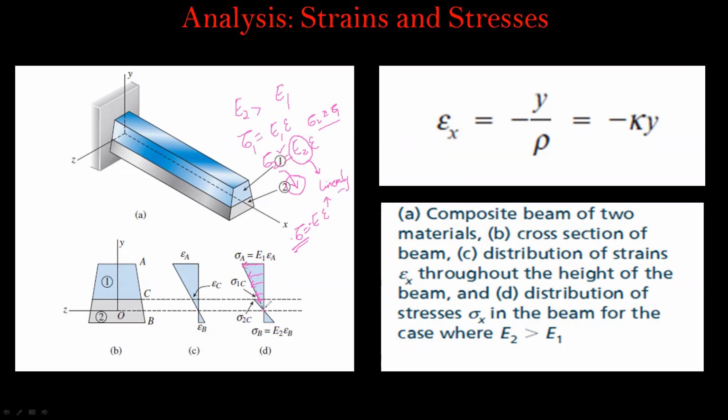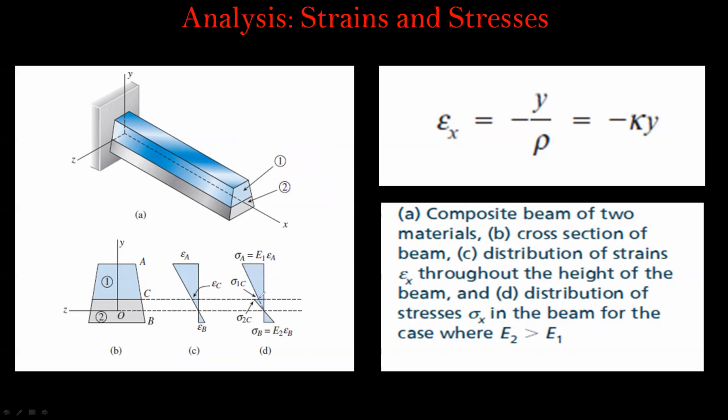In the same way, if you look at this contact surface, this is sigma 1 at C. Just have a look at this diagram. This is a very amazing diagram.